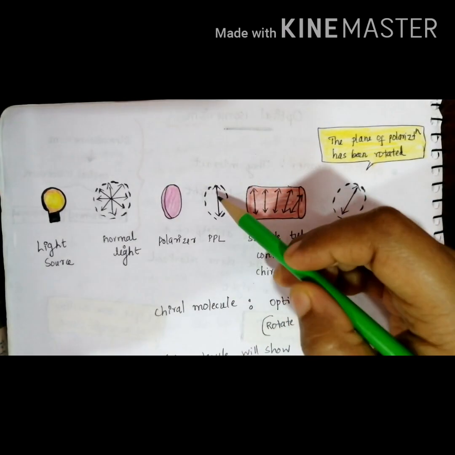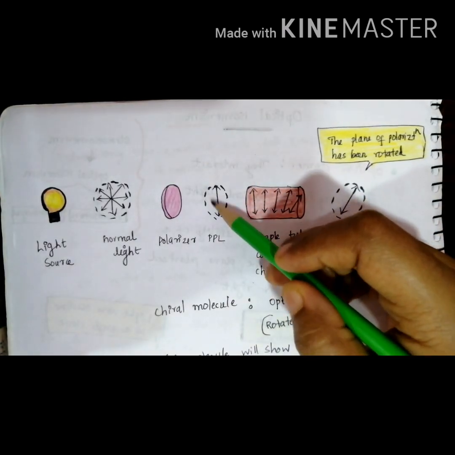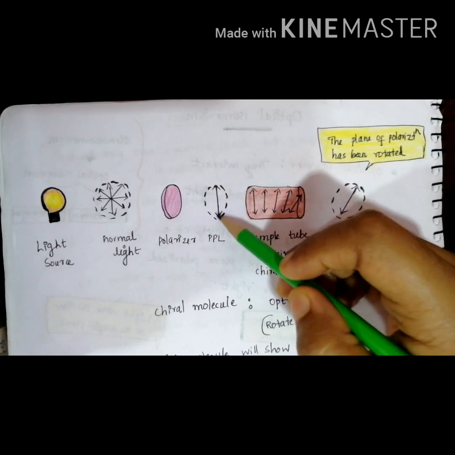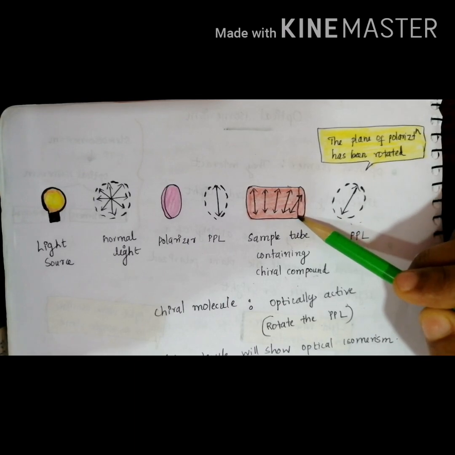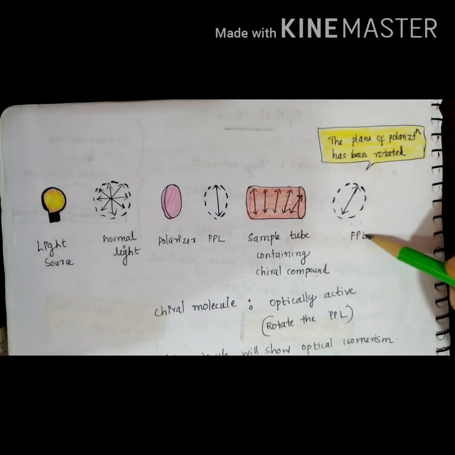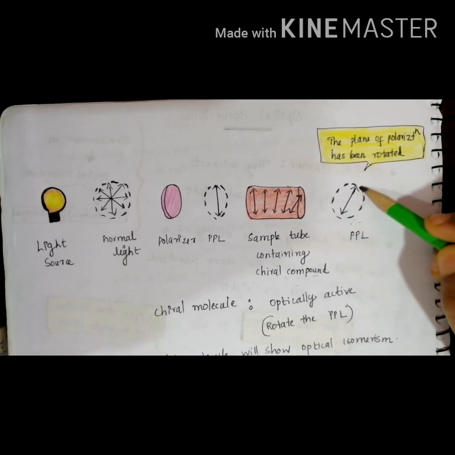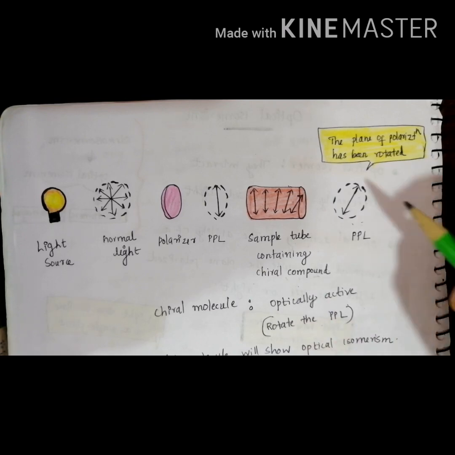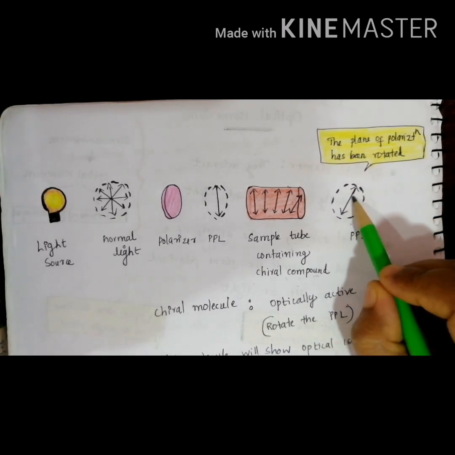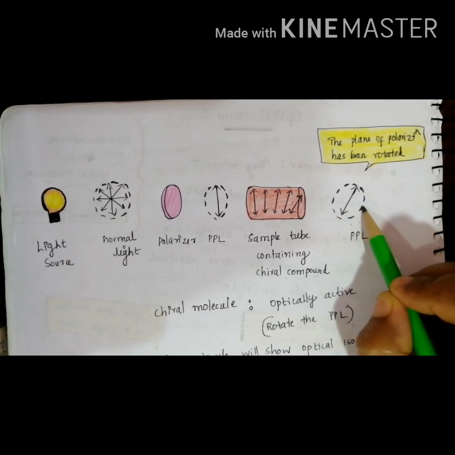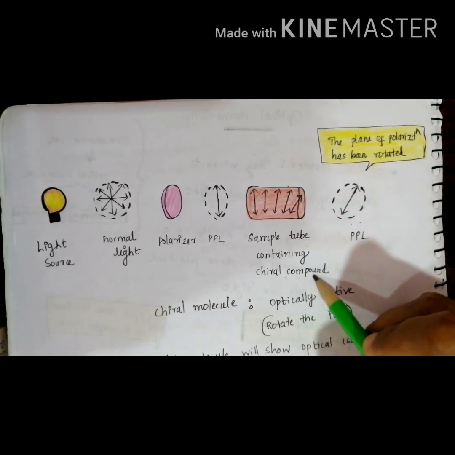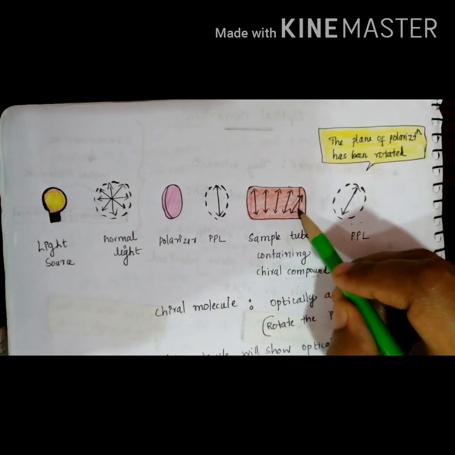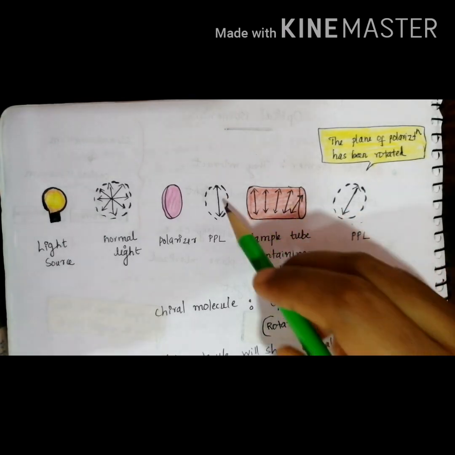Before this, the PPL was arranged in only a single plane, with no rotation or change. After passing through the sample tube containing a chiral compound, we find the PPL has a slight inclination, or rotation, towards the right. That means the plane polarized light has been rotated. What is the reason for this rotation towards the right side? The reason is the presence of the chiral compound. That means the chiral compound causes some kind of rotation of the PPL.